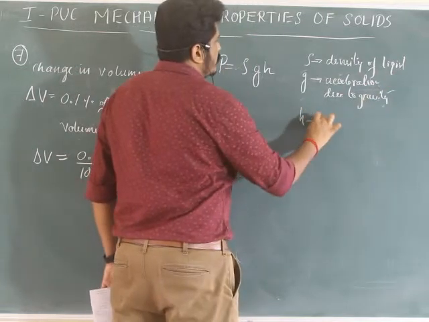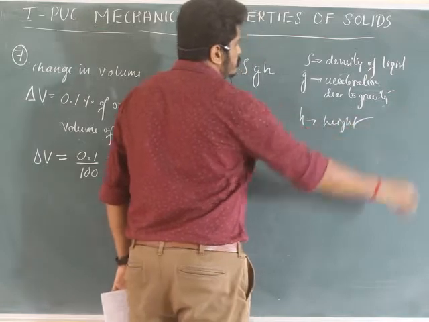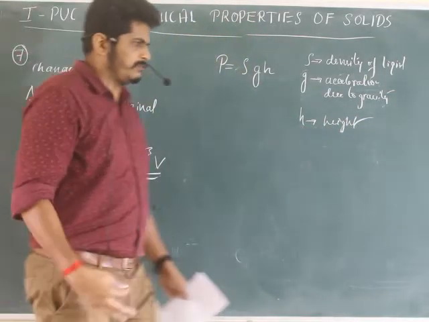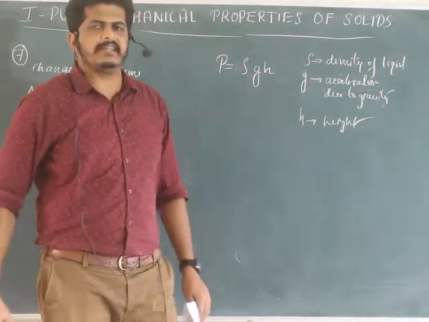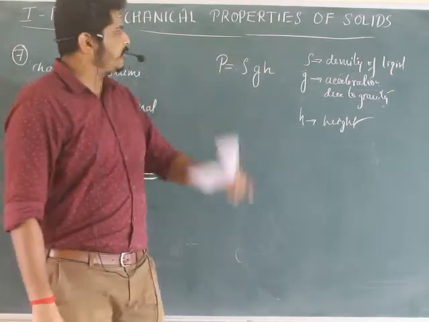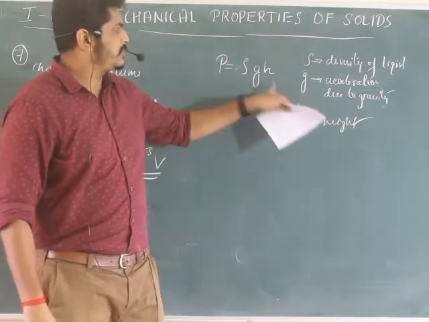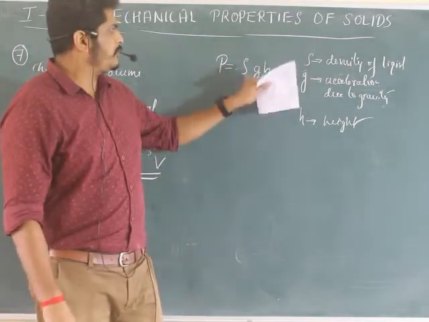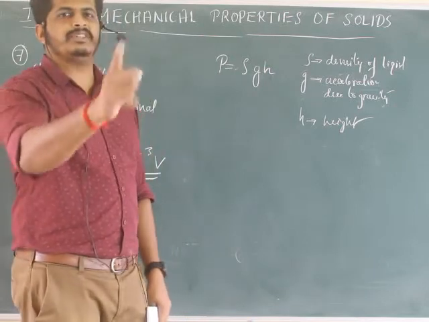Next, h. h means height. Okay, so what is the deforming force here? The force exerted on the rubber ball at the depth of 100 meter inside a sea. Inside sea. So what is the force? Liquid pressure itself, force. At the depth of h, 100. Acceleration due to gravity, 9.8 meter per second square. What is the value of rho? Of course, it is mentioned, 1000 kg per meter cube, right? So, deforming force is ready now, right?